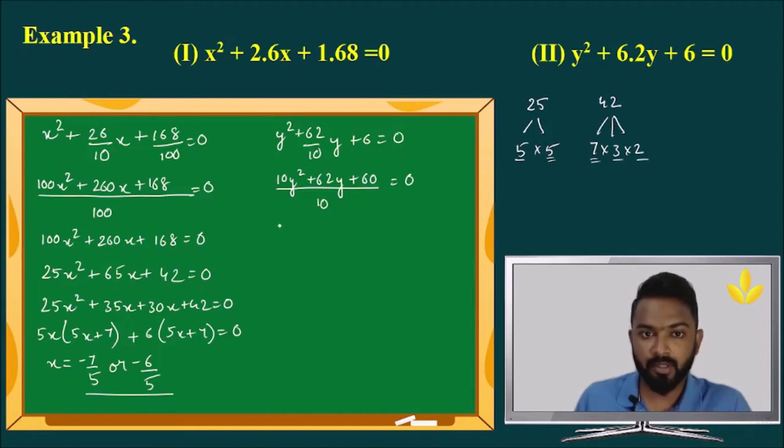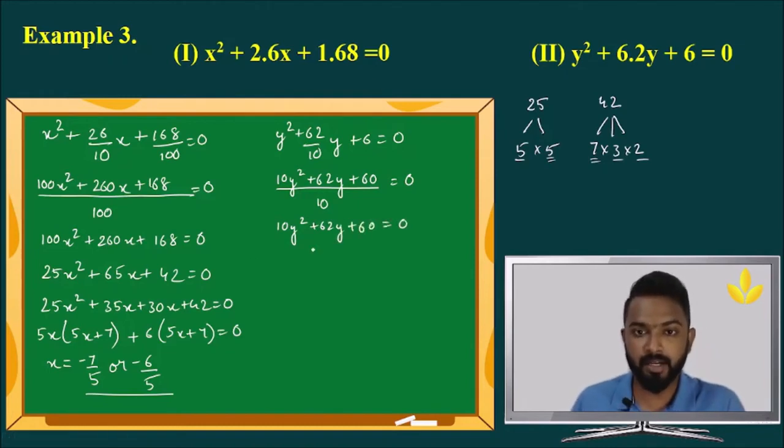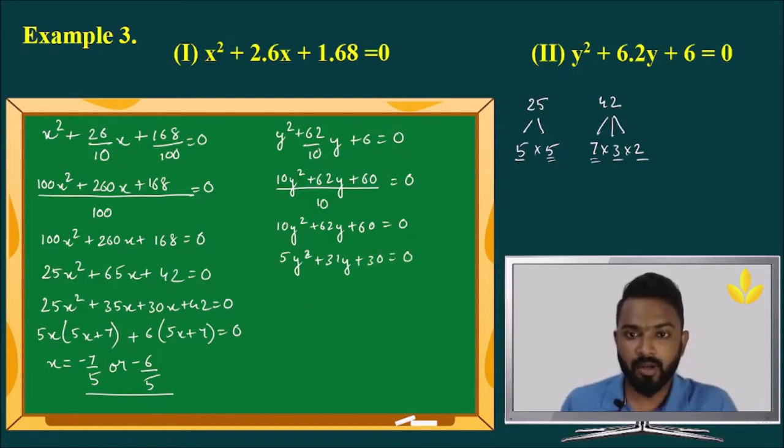10 gone. So we have 10y square plus 62y plus 60 equals 0. Everything is divisible by 2. So we have 5y square plus 31y plus 30 equals 0. So we have 5 and 30.